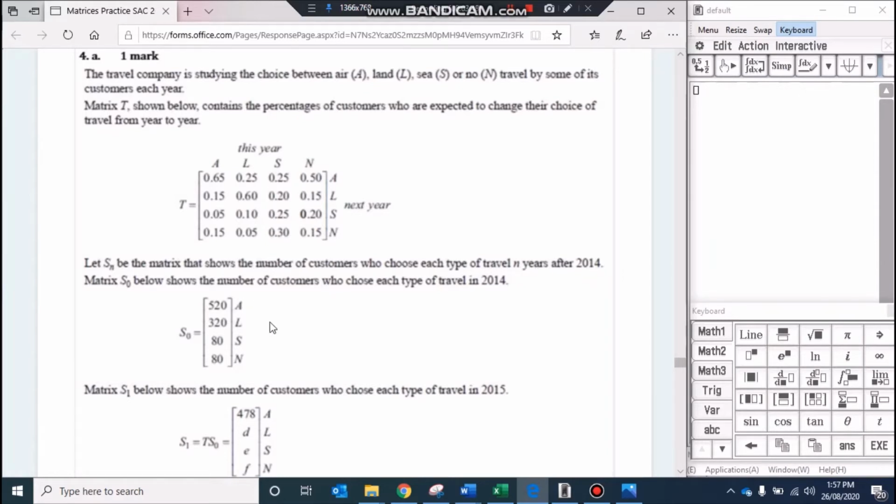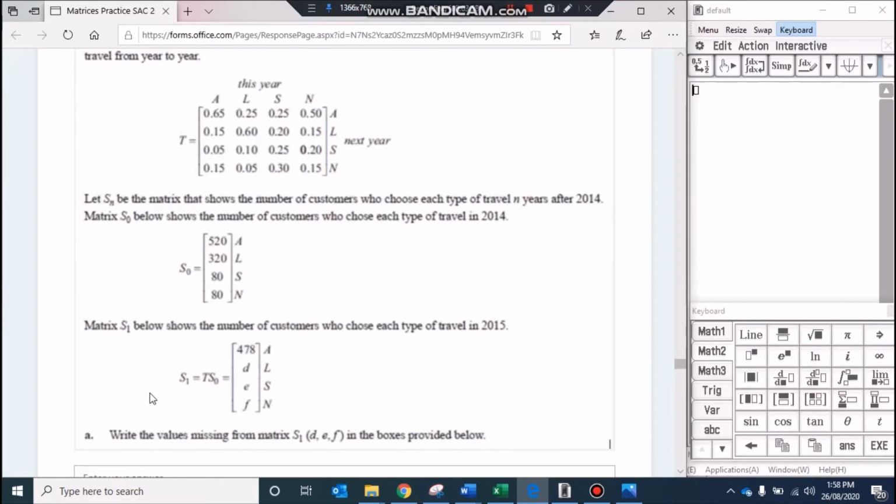So therefore, the state matrix for 2014 will be the initial state matrix S0, which we see here. Matrix S1 is shown here, and remind ourselves that S1 will refer to the year 2015, so 1 year after 2014. It shows the number of customers who chose each type of travel in 2015. Yep, says it right there.